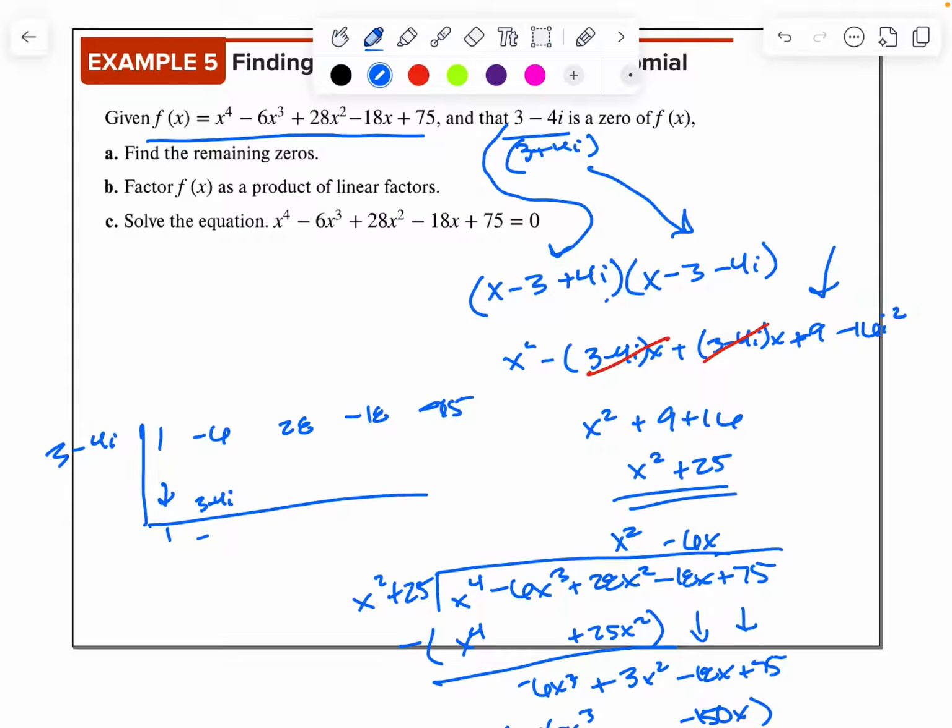Add, that would be negative 3 plus 4i. Multiply, that would be negative 9, oh good grief, plus 12i, so plus 24i, plus 16, that would be, and then I want to add 28 to that.